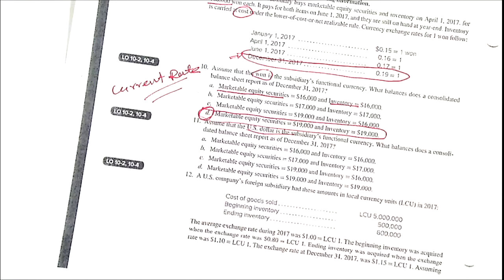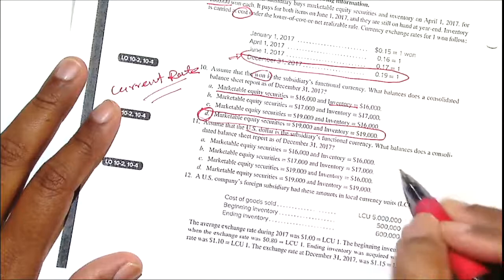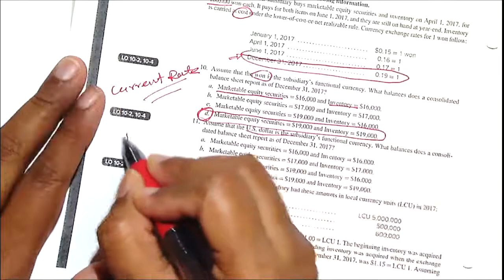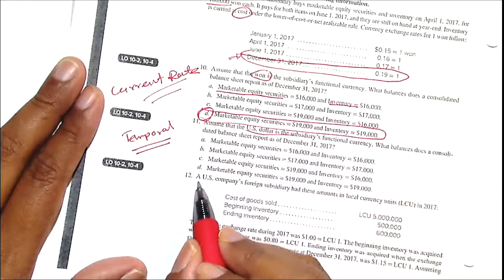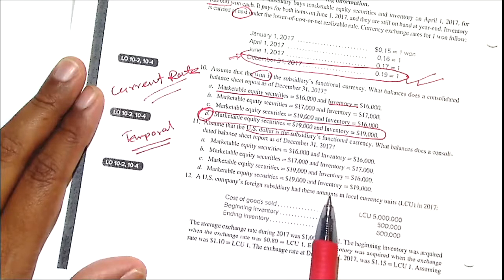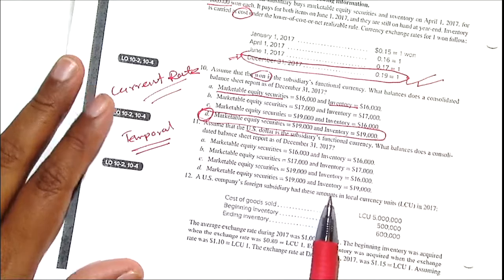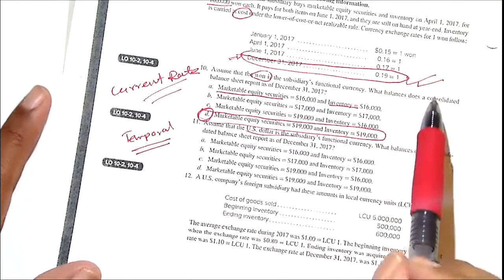For marketable securities under the temporal method, what rate are we gonna use? Current, meaning December 31st. Inventory at cost, under the temporal method, uses the historical rate, which means the day you purchased the inventory.